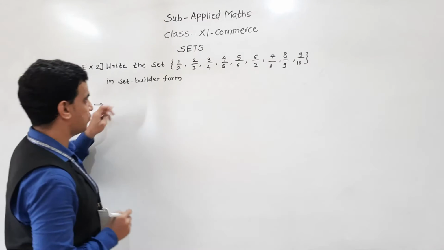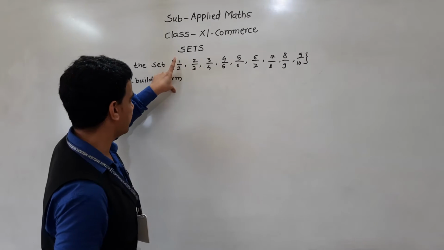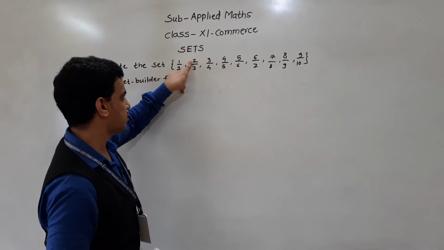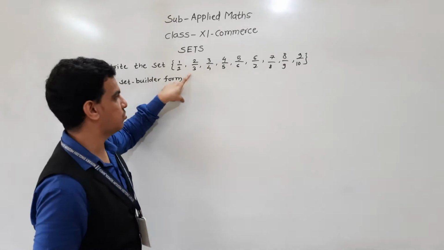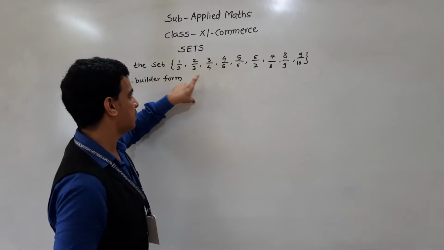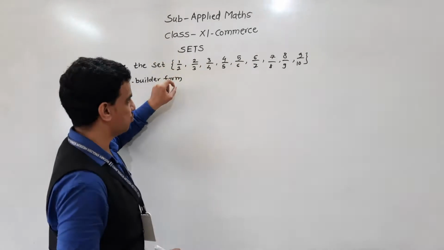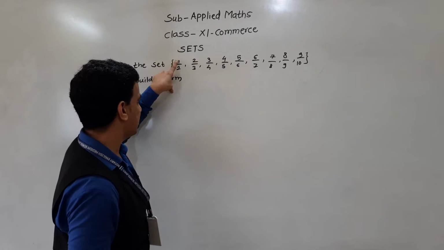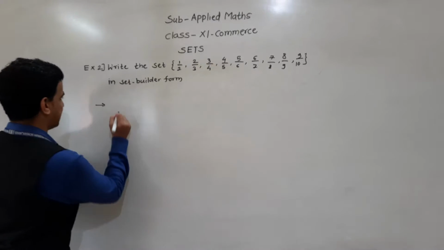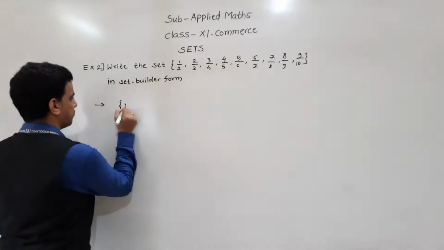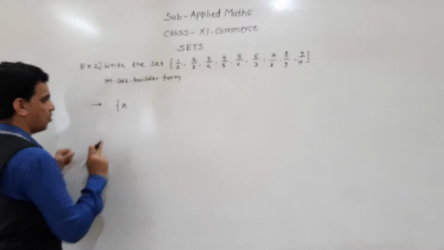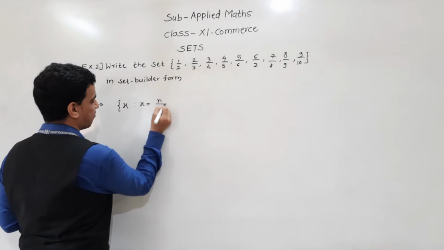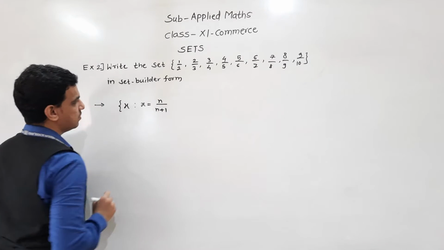If you observe this, numerator is 1, denominator is 2. Numerator is 2, denominator is 3. So everywhere the denominator is 1 more than the numerator. Okay, and we can write collection of all x such that x is equal to n upon n plus 1.